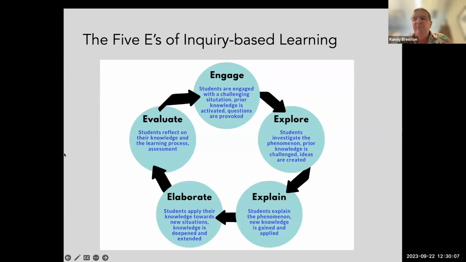It's basically the 5 E's of inquiry-based learning, where you look for a mechanism where you can engage the students in a particular situation, give them a little bit of information, provoke some questions, let them explore this either individually or as a group. They can come back and explain potentially the phenomenon.